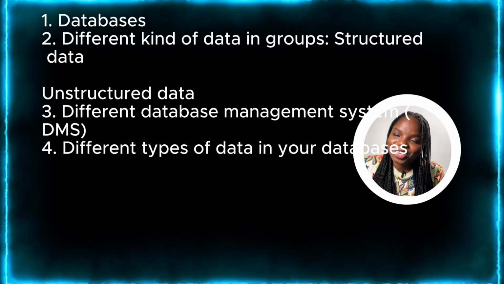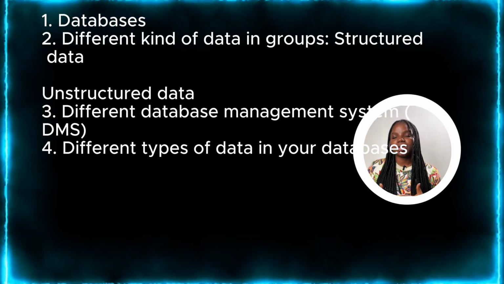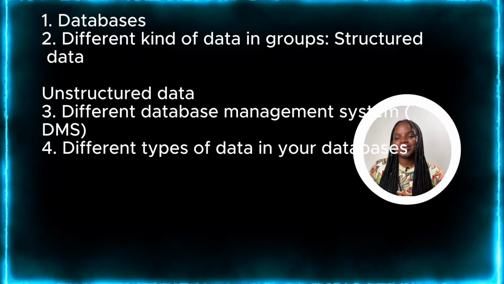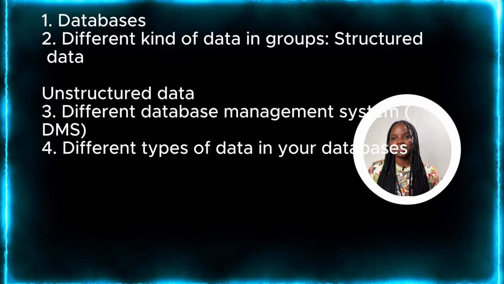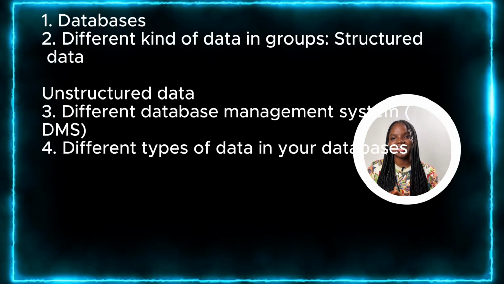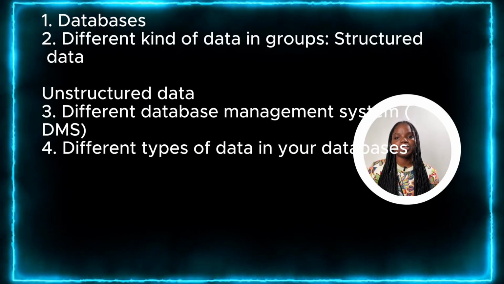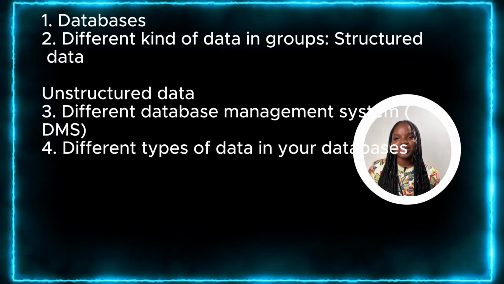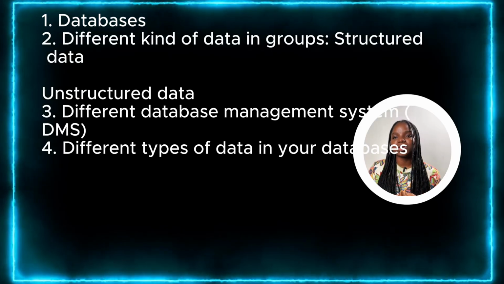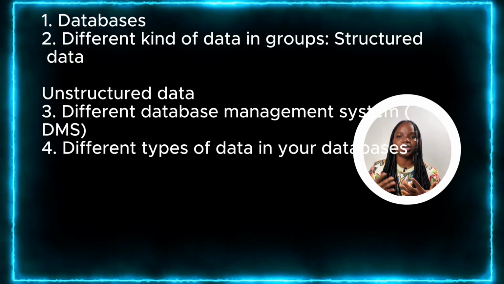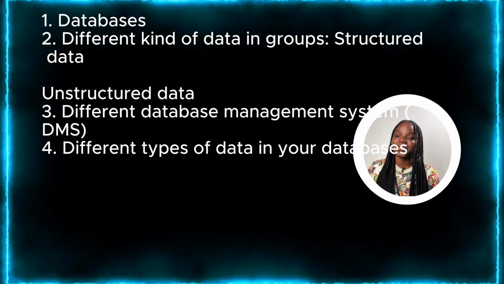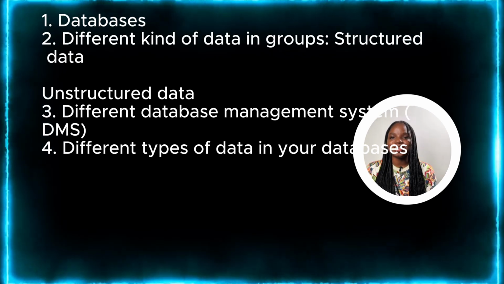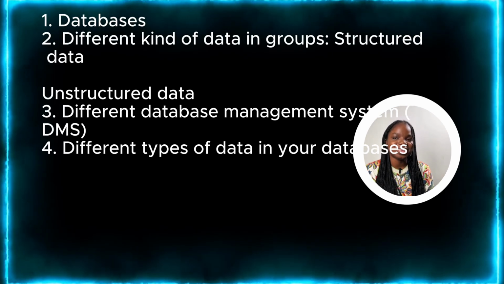So in today's video, to wrap up, we talked about databases, we talked about the different kinds of data in their groups, structured and unstructured data, and we have different types of database management systems, of which the one we are focusing on is the relational database management system. And also we talked about different types of data that you find in your databases.